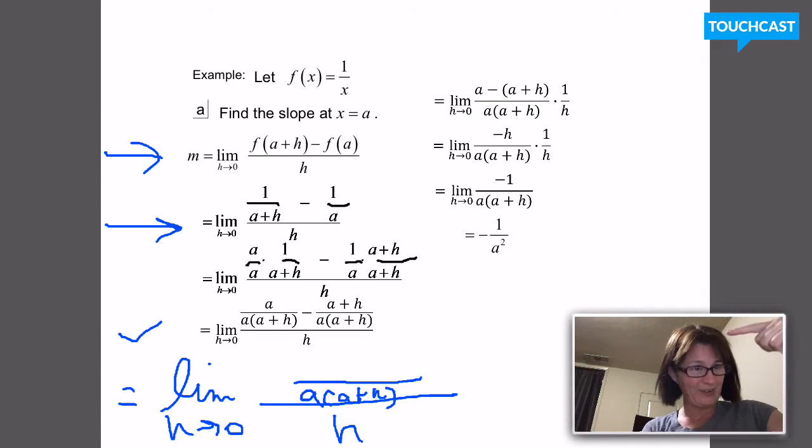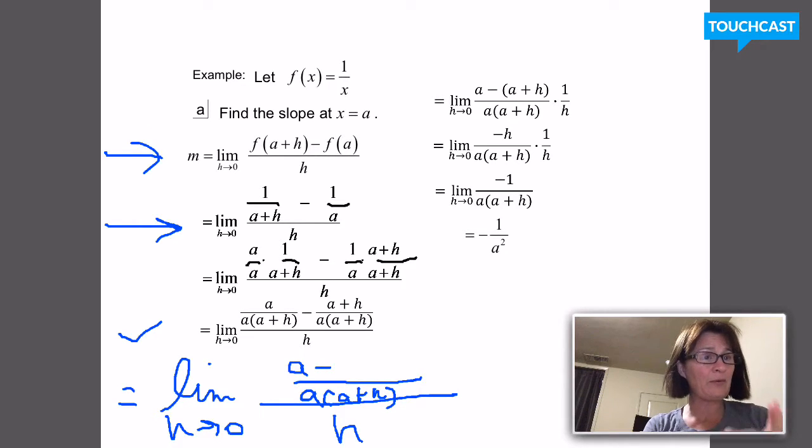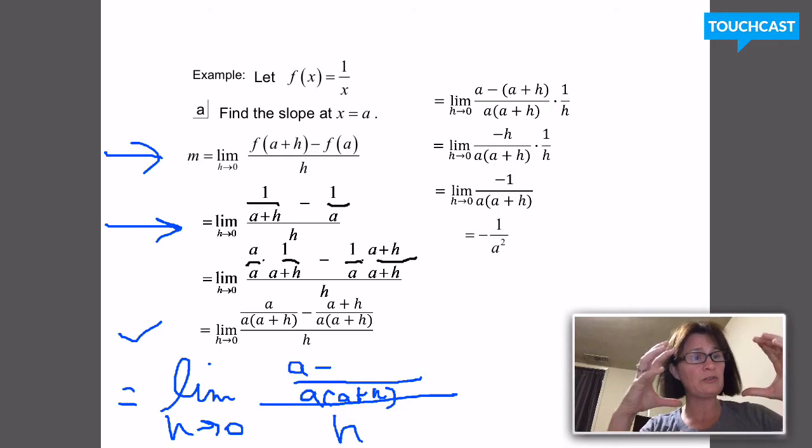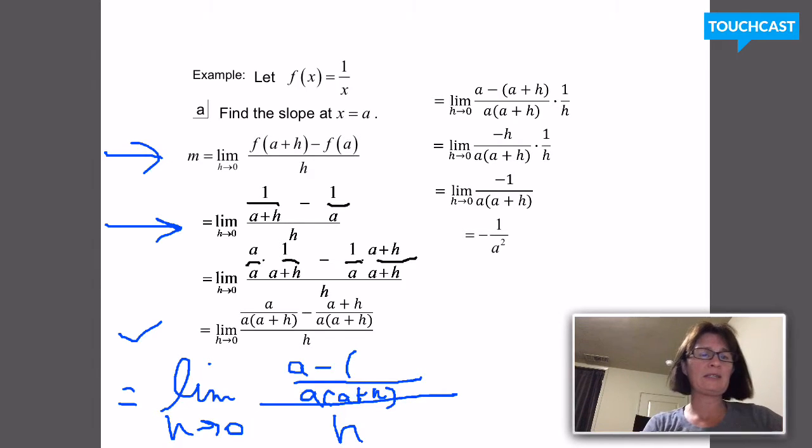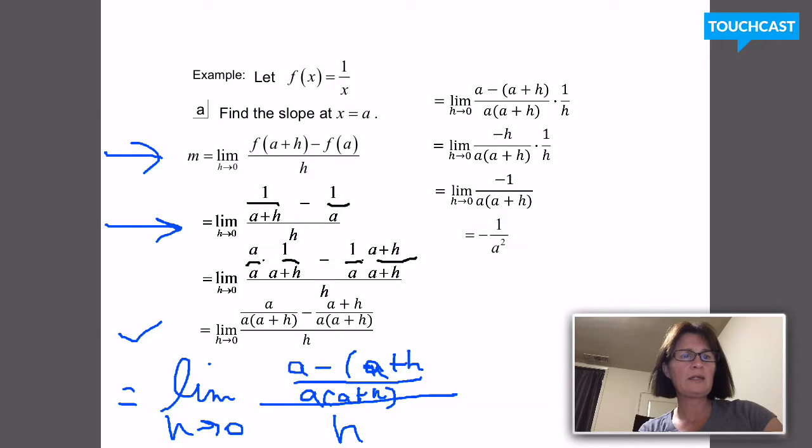And in the numerator of that top fraction, that's why we call them complex fractions, I'm going to have a minus, this is the part where you can't forget to use some kind of grouping symbol. If I want the difference between a and a plus h, that's a minus the quantity a plus h.